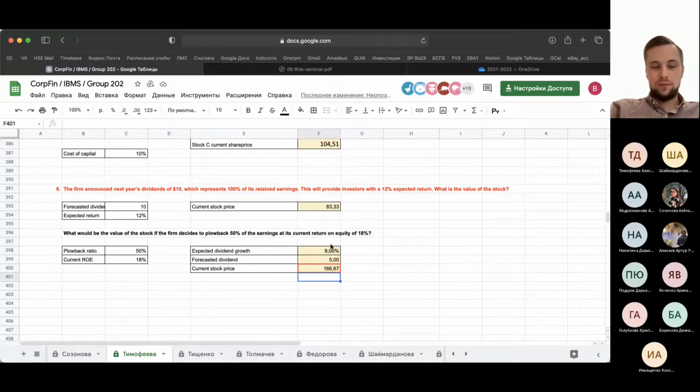Well, with some of the other groups, we realized that students have some problems with understanding the formula for expected dividend growth. So can someone please explain why we multiply the plowback ratio by the current return on equity? How can this formula be derived?